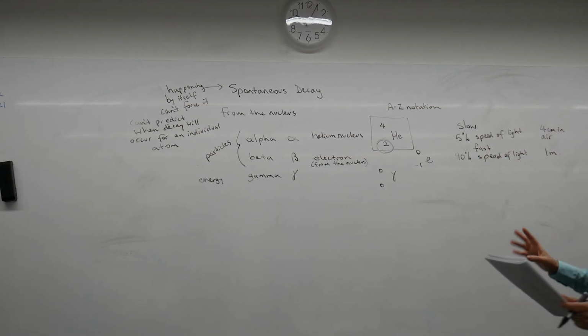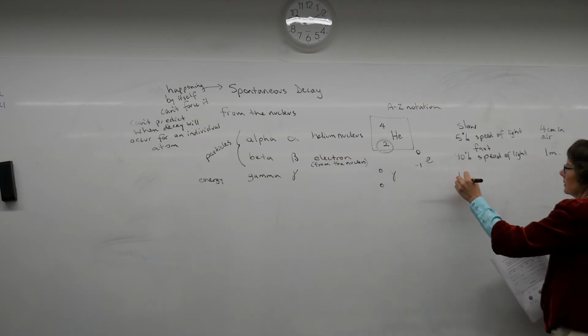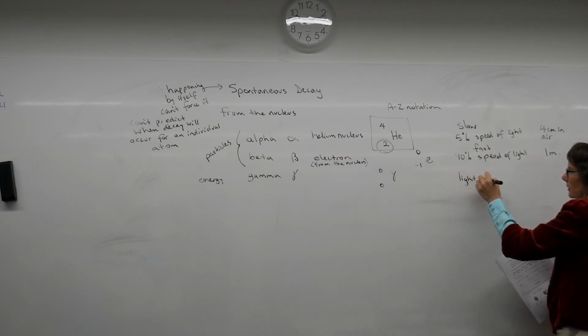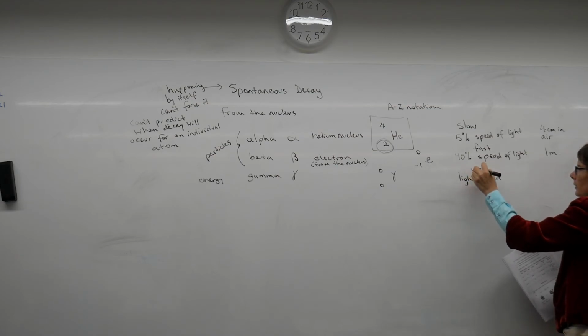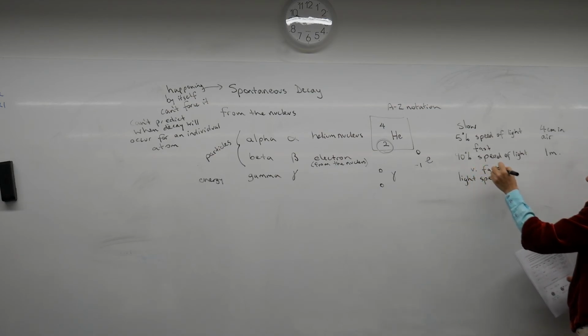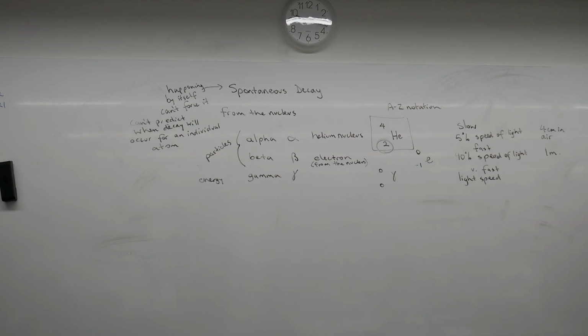Gamma travels at the speed of light. So it's very fast. Its range in air, 100 metres.